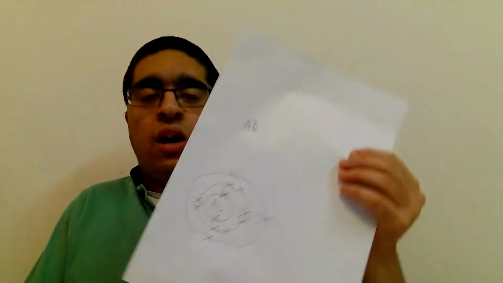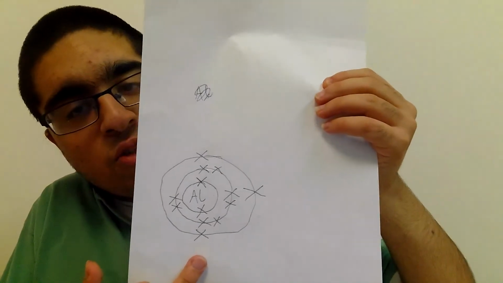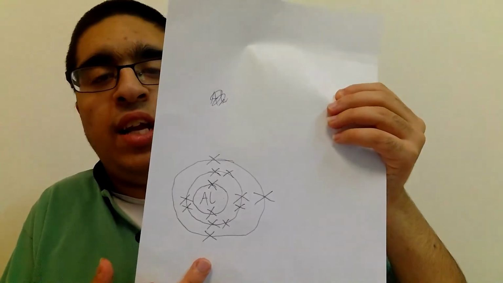So hopefully you can see now that that's the drawing for the electronic structure of aluminium, which has an atomic number 13, so it has 13 protons and 13 electrons. So we've drawn it. By the way, if they ask the electronic structure without drawing the diagram, then it will simply be 2, 8, 3.